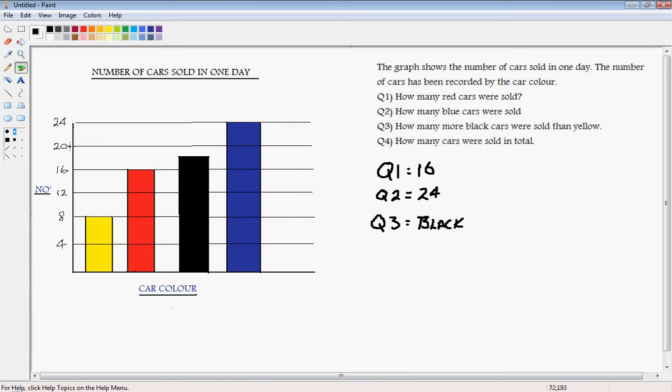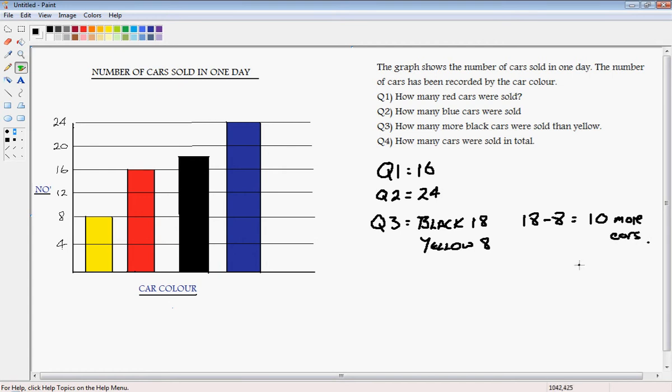So if this is going up in 4s, this has come up 2. So it will be 16 plus the 2. So this will be 18. And yellow, we can see, is 8. Okay, so this would be 18, take away the 8, which will give us 10 more cars.